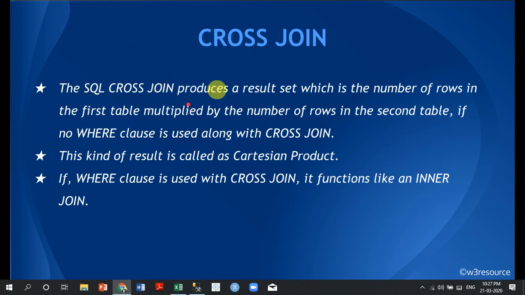The SQL cross join produces a result set which is the number of rows in the first table multiplied by the number of rows in the second table, if no WHERE clause is used along with the cross join. Then this kind of result is called a Cartesian product, as we have discussed. If a WHERE clause is used with cross join, it functions like an inner join.